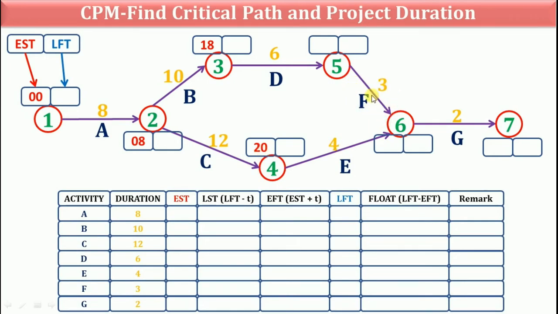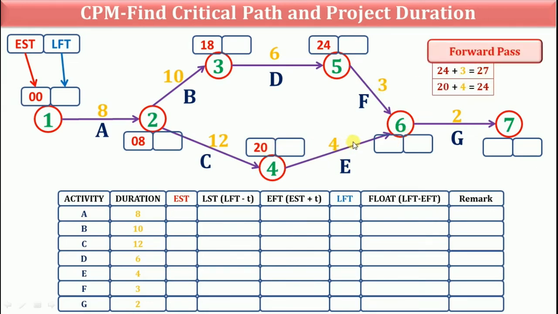Earliest start time for activity F, 18 plus 6, 24. Now, earliest start time for activity G, that is 24 plus 3, 27, and 20 plus 4, 24.